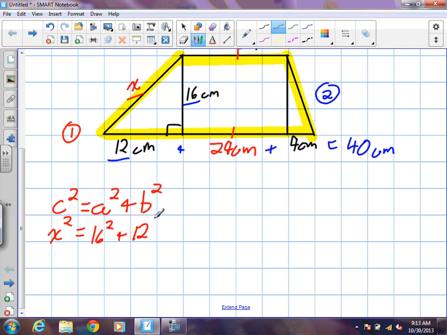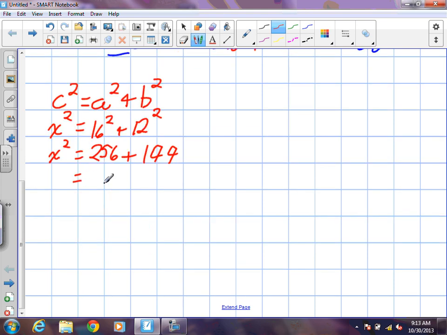So, let's equate these. Anyone know what 16 squared is? 256. That's right. 12 squared is 144. We're going to add the two of these together. 400. Excellent. Are we done?